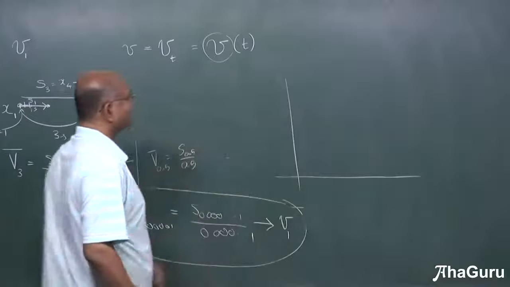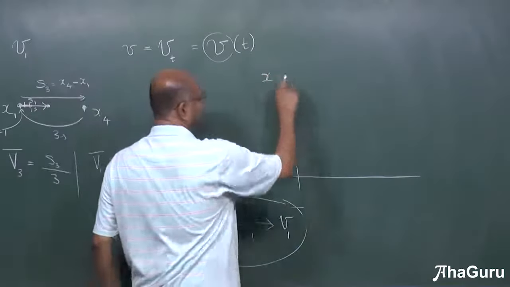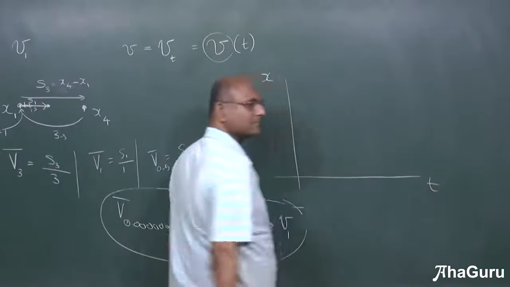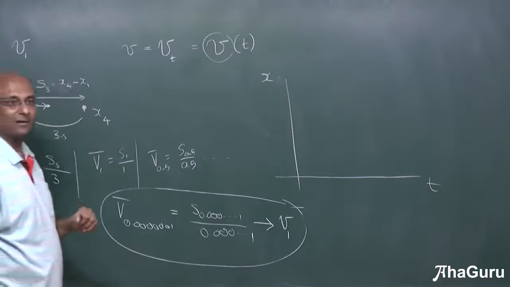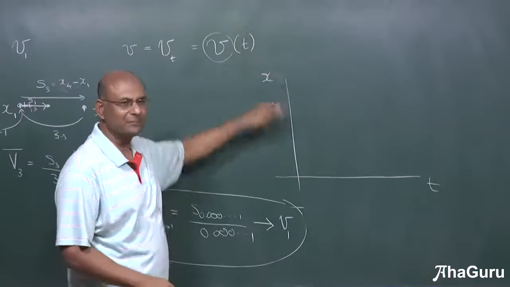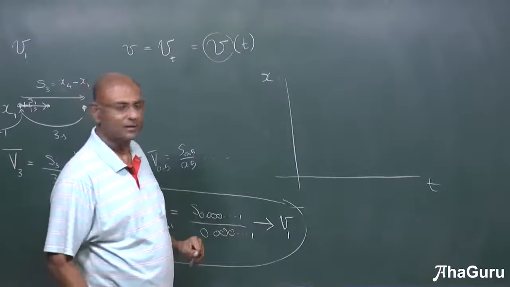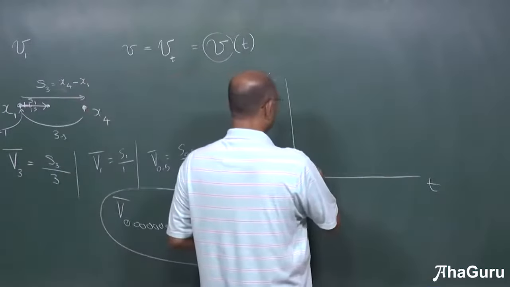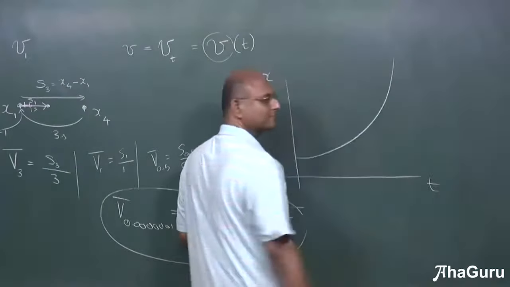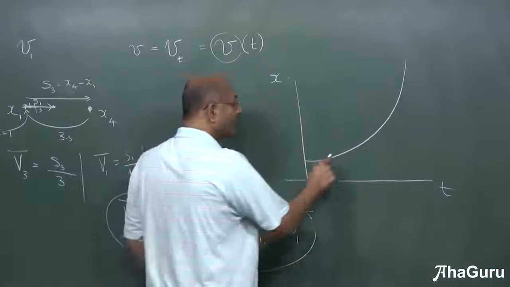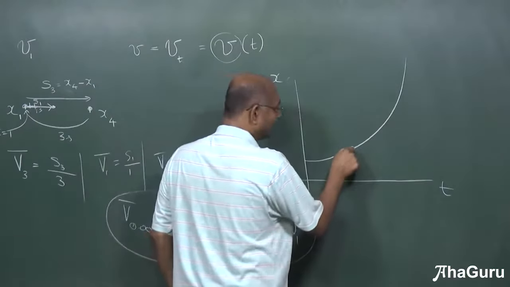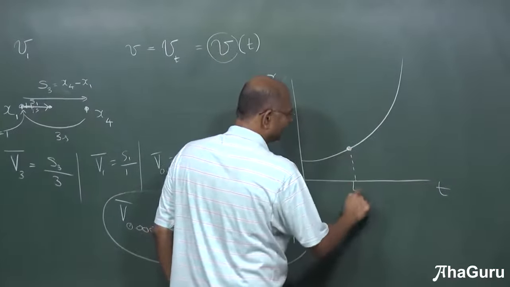So if I look at x as a function of time, instead of marking it here and showing what is happening, we can say at every instant this object is at different positions. So let us take an example where x starts here and goes like that. And I am interested in knowing, tell me what is the velocity at this point. Let us say this was t equals 1.